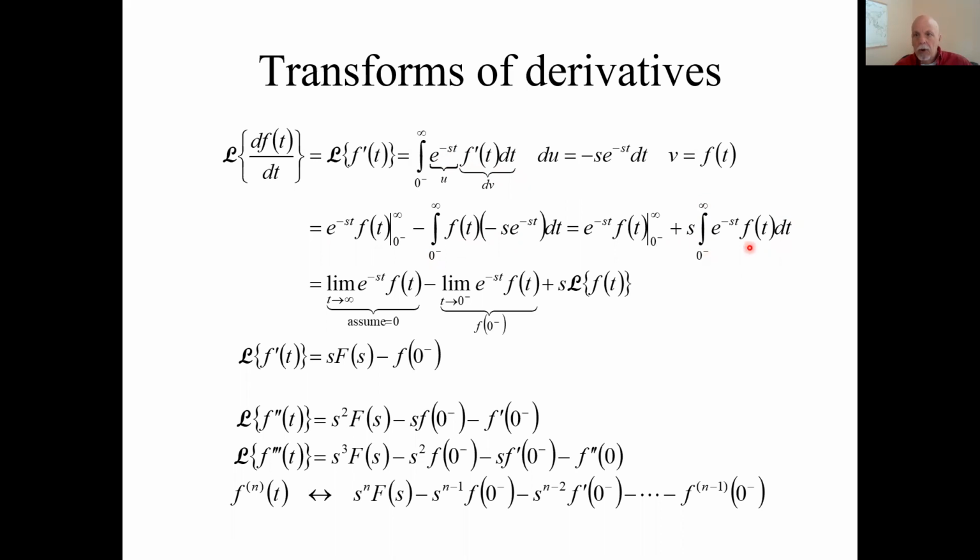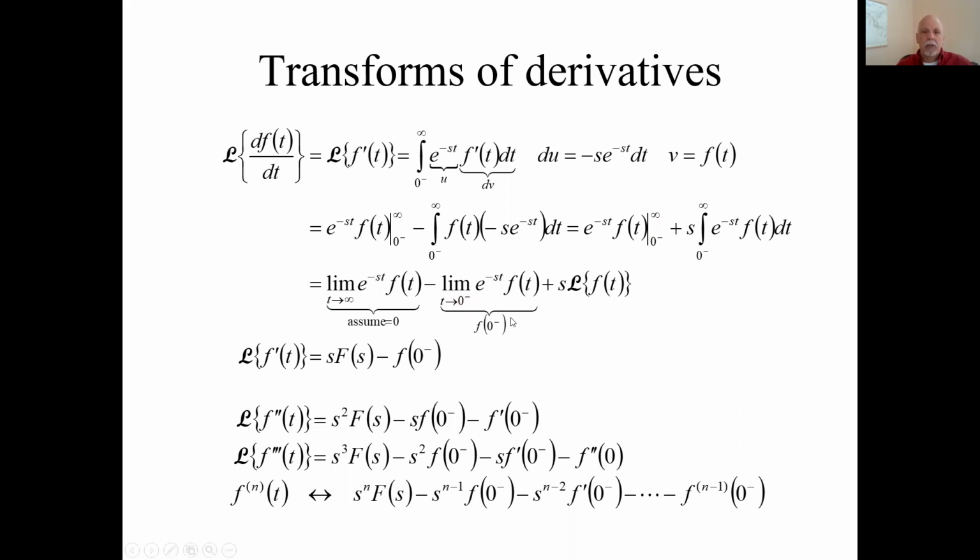We have a plus s part. And here you should already recognize this is the Laplace transform of the original function f. And here we have to evaluate between the two limits. Easy one is where t goes to 0, in fact 0 from the left, that's what the little minus sign means.